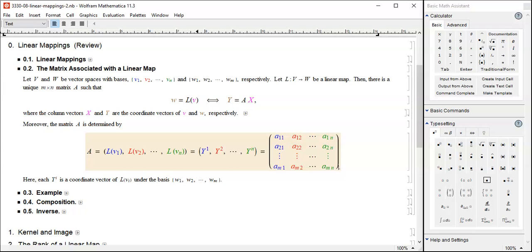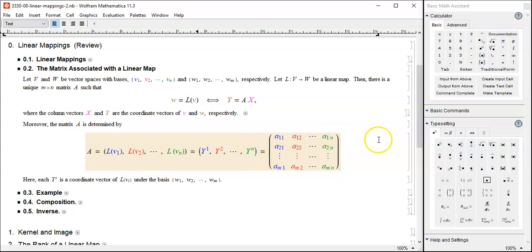There are n basis vectors, v1, v2, v3, all the way over to vn, and each corresponds to a column vector, so there are n columns. Are you with me here? First column, second column, third, fourth, fifth, sixth, nth column.